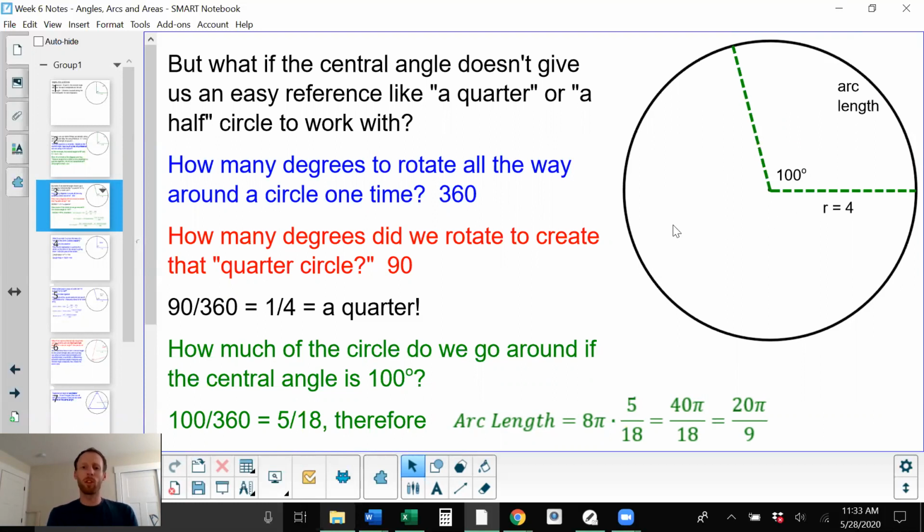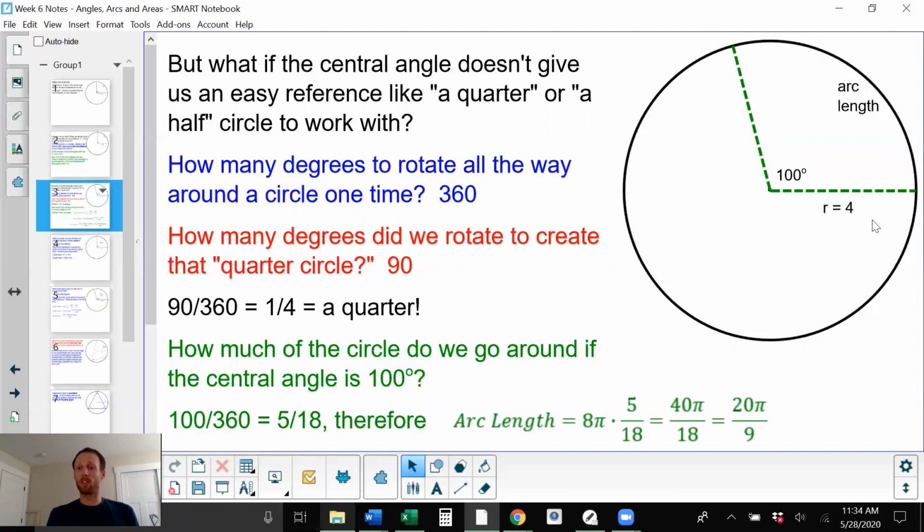So this represents 100 out of 360, just like 90 represented 90 out of 360, which reduces down to 1/4. It's a quarter of the circle. 100 over 360 doesn't have any fancy name, but we can reduce it down to 5/18, right? 20 goes into both 100 and 360. So 100 divided by 360 is equal to 5/18.